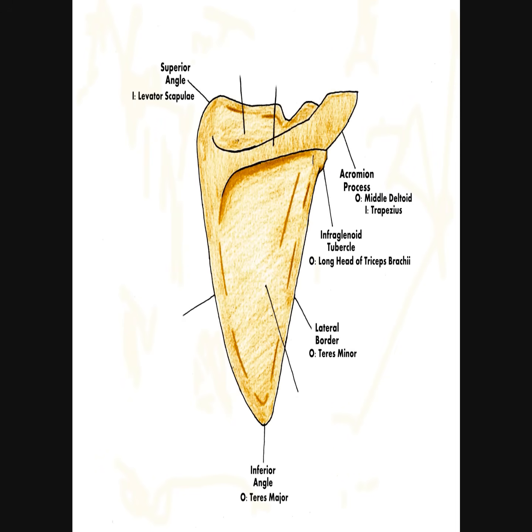Okay, so again, with our opposites, if we use a directional term like lateral in the name of something, we have to have something in the body that opposes it. So, if we have a lateral border, it's safe to assume that on the other side of the scapula, we're going to have a medial border. And we have 2 muscles that insert onto the medial border of the scapula, and they are direct antagonists to one another.